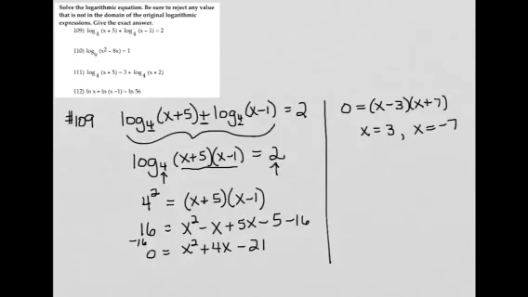I'm immediately suspicious of any negative answers, but I have to check both of them in the original equation. We can't take the log of a negative number. So what I do is plug in our numbers, starting with 3. That gives me the log base 4 of 3 plus 5, which is 8, that's okay, plus the log base 4 of 3 minus 1, that's 2, and that's okay.